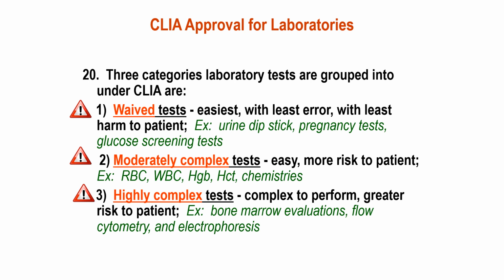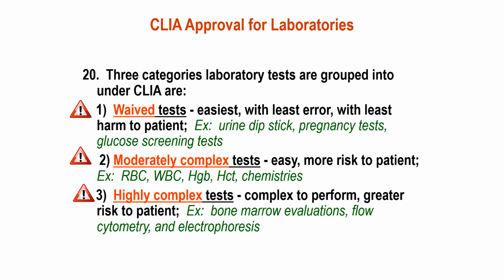Okay, so let's get into CLIA. Remember, they set forth the rules and regulations that labs had to follow. So the first thing that CLIA did was they took every laboratory test that there was out there and they grouped them into different categories. So they came up with 3 categories: waived, moderately complex, and highly complex.